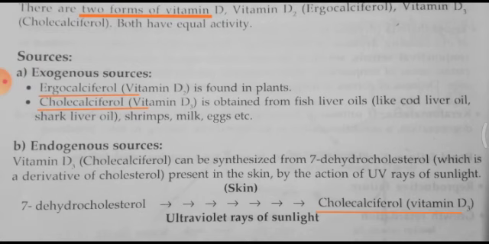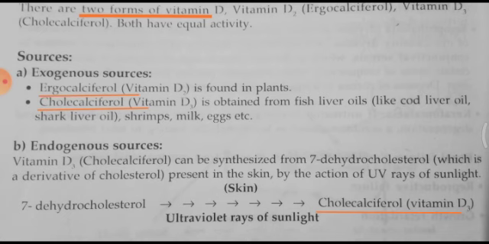Vitamin D3, that is cholecalciferol, obtained from the animal source, can be synthesized from 7-dehydrocholesterol. So 7-dehydrocholesterol, a cholesterol derivative present in the skin, can be converted to vitamin D3 by the action of UV rays, ultraviolet rays of sunlight.